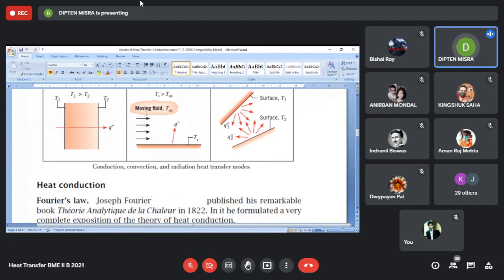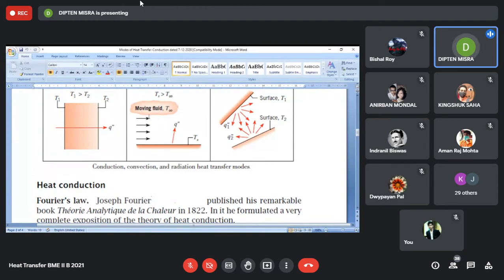And at a distance sufficiently away, we cannot feel the presence of this hot surface. There, we no more sense the hotness of this hot surface. There we get a uniform temperature that is known as the free stream temperature. Now this T ambient, this T infinity, is also called the free stream temperature. That is the stream temperature far away.